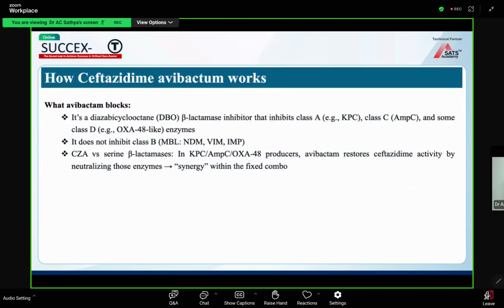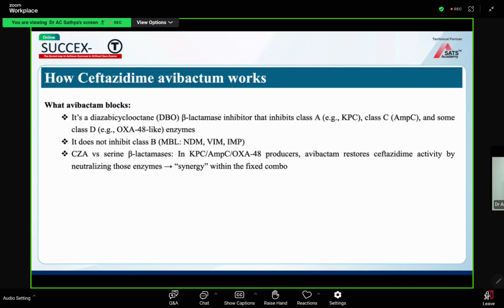I just want to insist on this point on ceftazidime avibactam. Of late, we are using ceftazidime avibactam a lot when you detect MBLs, metallo-beta-lactamases. How does it work? Ceftazidime avibactam plus aztreonam is what we use synergistically. The combination actually has three molecules: ceftazidime, avibactam, and aztreonam. Avibactam is the molecule which blocks the serine beta-lactamases.